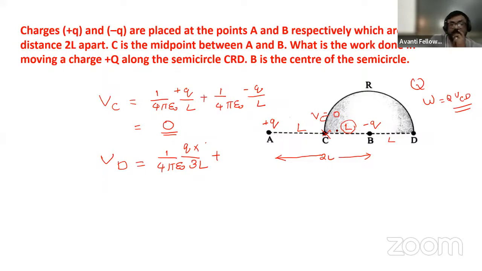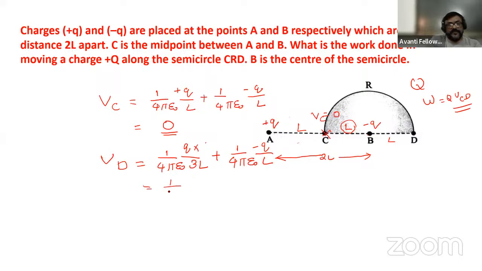Plus, again, we have a negative charge at B. So it also will produce a potential at D. That is equal to 1 by 4 pi epsilon 0 into negative Q divided by the distance between B and D, which is L. Now we have to add these two.